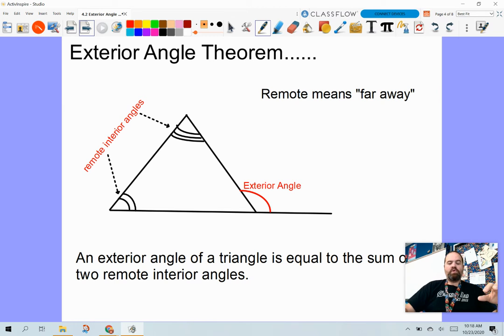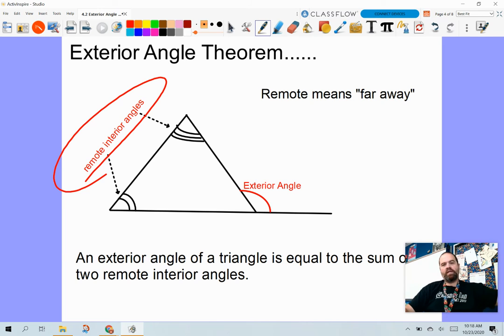The sum of the two remote interior angles, the word remote meaning the ones that are furthest away, equals the exterior angle. I've got this really close interior angle, and then the ones across the triangle from it. Those two angles together equal the exterior angle. The exterior angle is equal to the two on the inside.